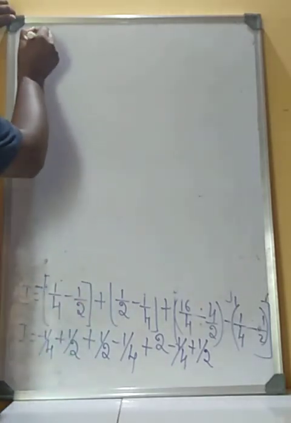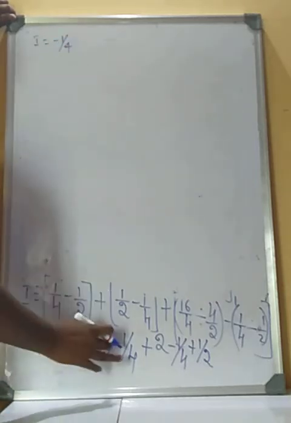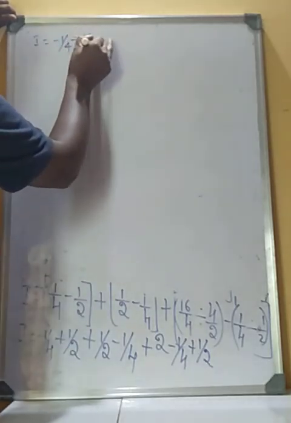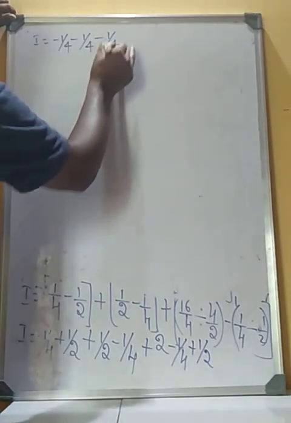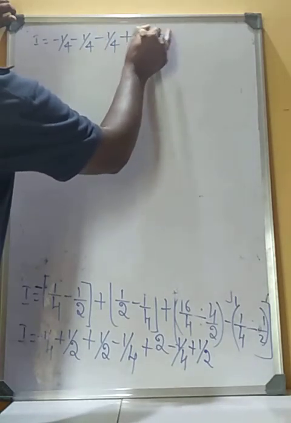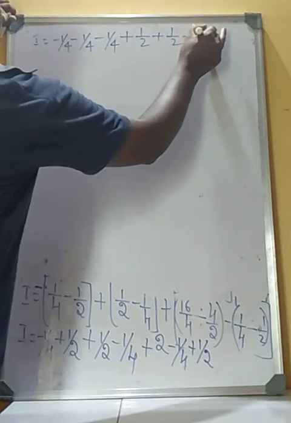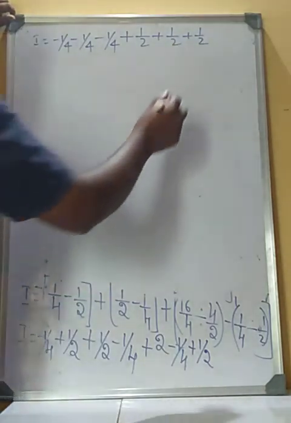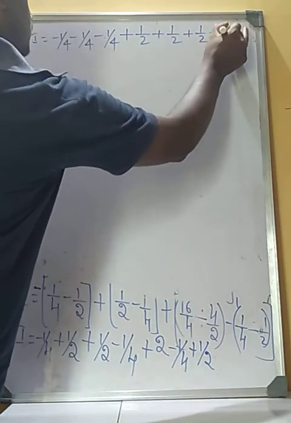Therefore I is equal to minus 1 by 4 minus 1 by 4 minus 1 by 4 plus 1 by 2 plus 1 by 2 plus 1 by 2 plus 2.